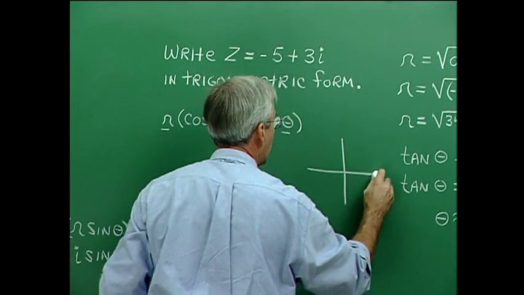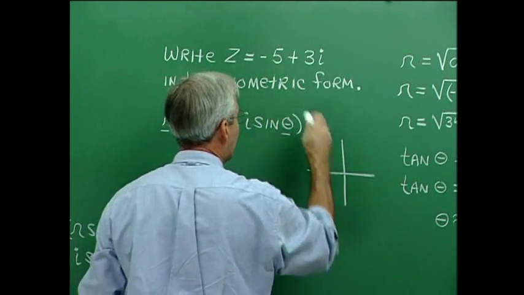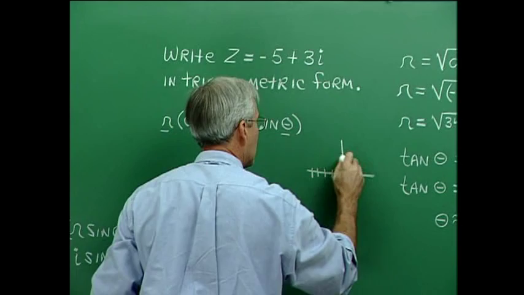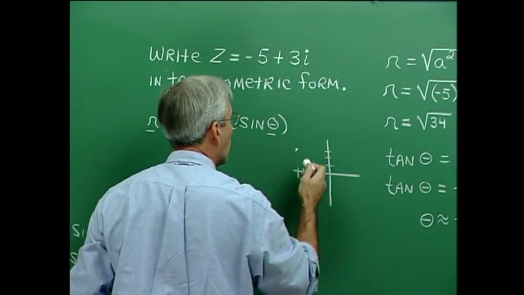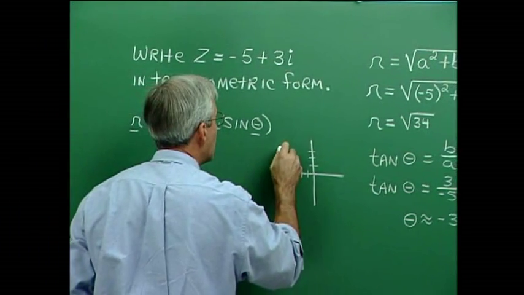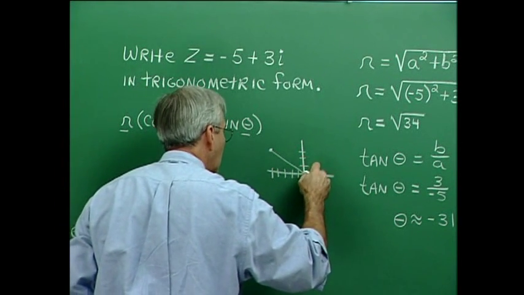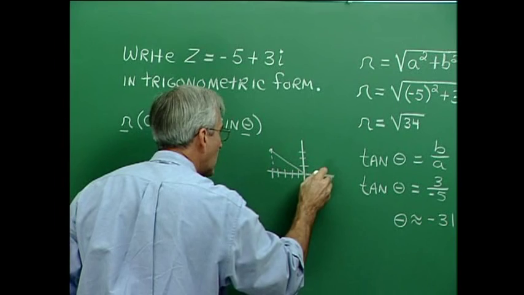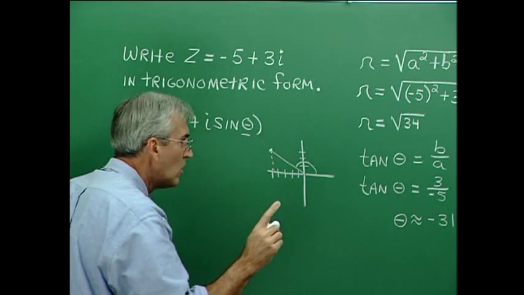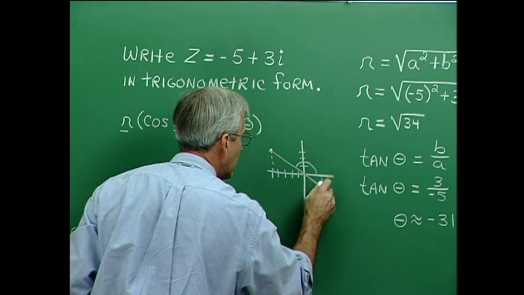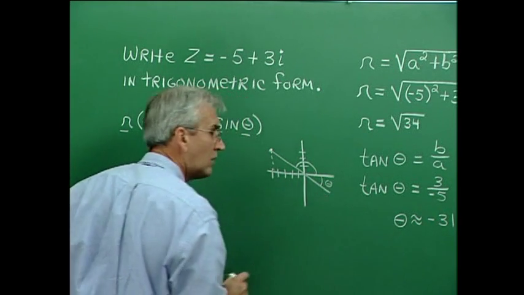So in our coordinate plane, we're thinking, let's see, -5, 3. Oh, so this point then is in the second quadrant, and so we're talking about an angle here, and yet we've calculated theta as an angle down here. See, this is the theta that we've just calculated.